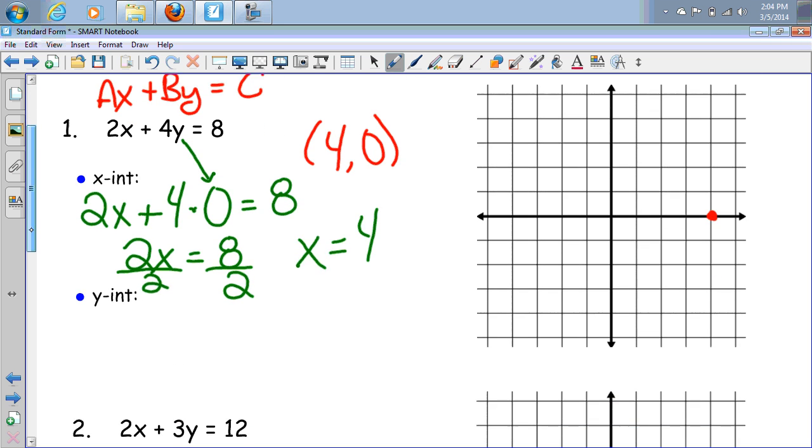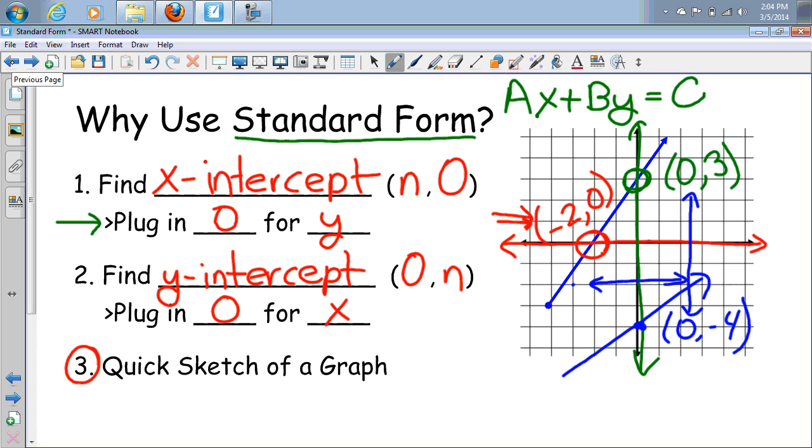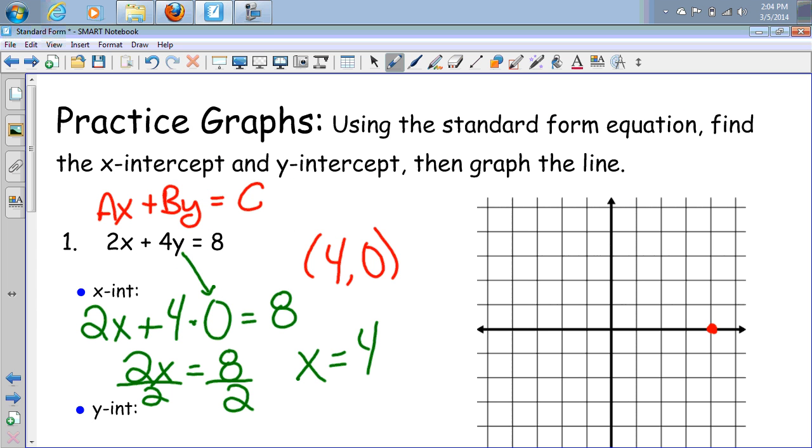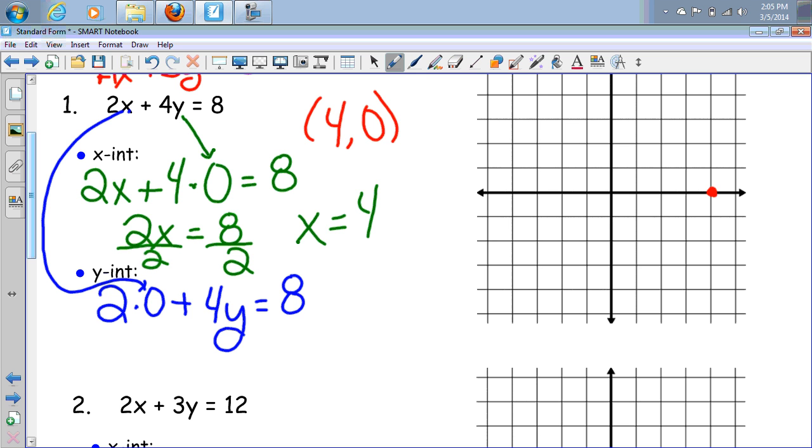Okay, so let's try our y-intercept. How do we find the y-intercept? Well, if we look back, we said to find our y-intercept, we need to plug in 0 for x. So we would say 2 times 0, because x is 0, plus 4y equals 8. Well, 0 times any number is 0, so this cancels, and we just get 4y equals 8.